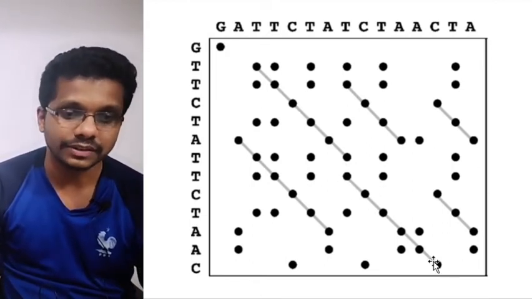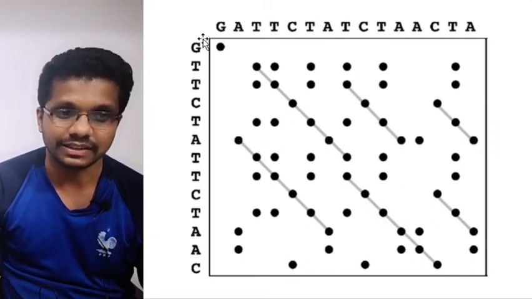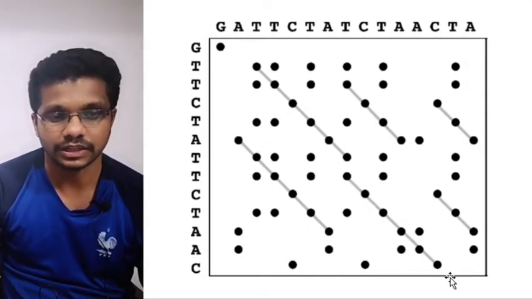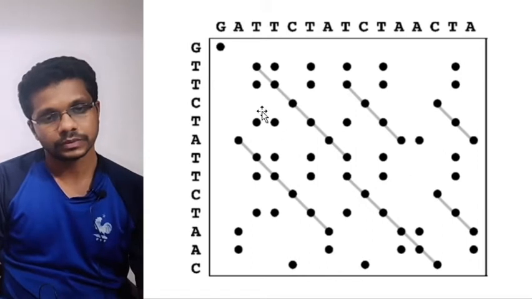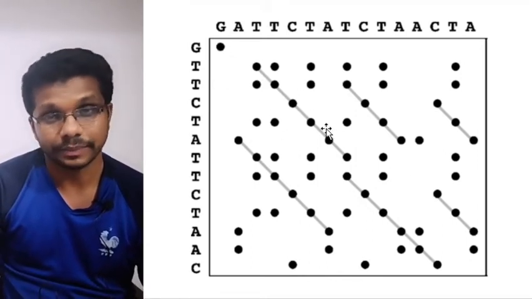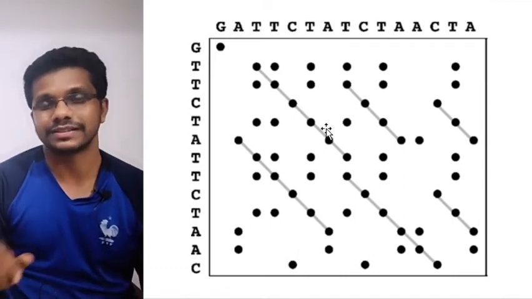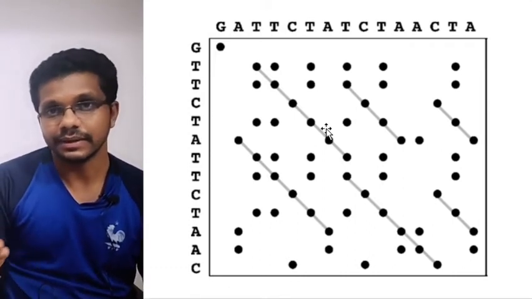So we are trying to find the best diagonal line which connects two different sequences. Here we will start from here and we will jump here and we will continue. If the diagonal line is uninterrupted or minimally interrupted, that means these two sequences are very much related. If they are not that much related, the line will be broken.